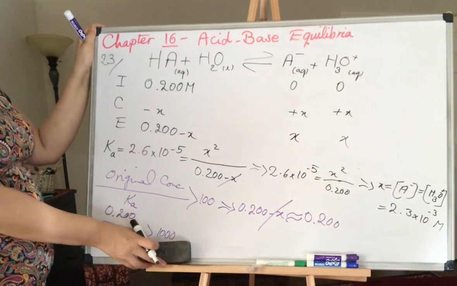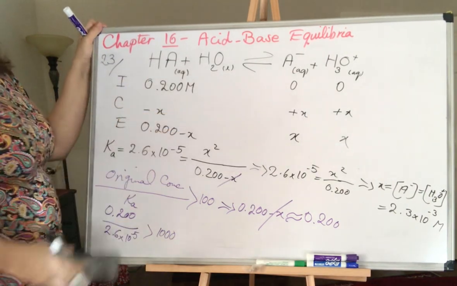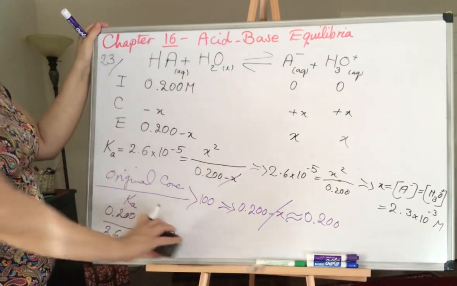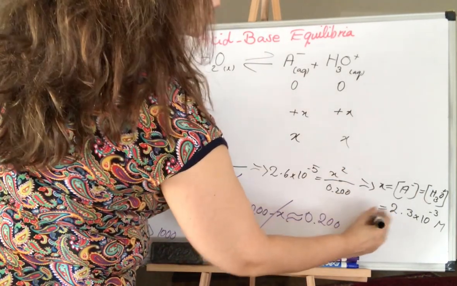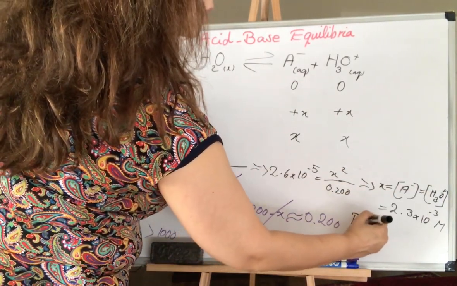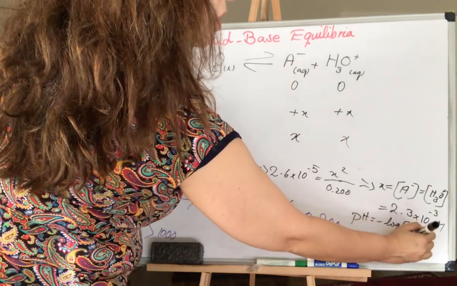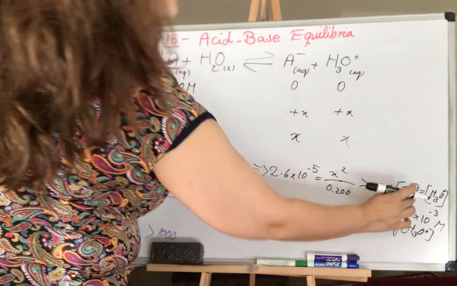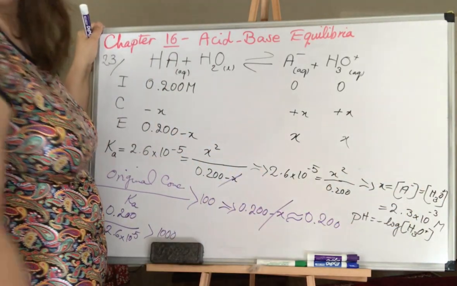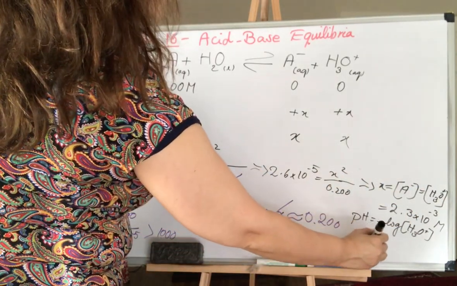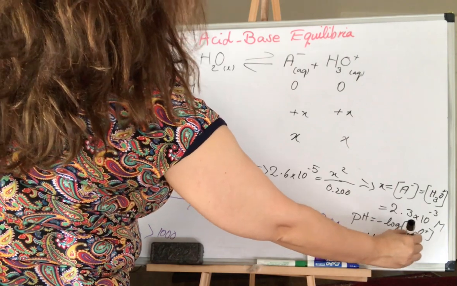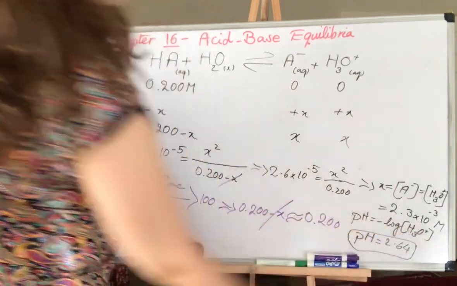Now you're supposed to find pH. It's easy now. You have the concentration of H3O, so pH is minus log of H3O. You put this in log and you get the minus log. pH is going to be 2.64.